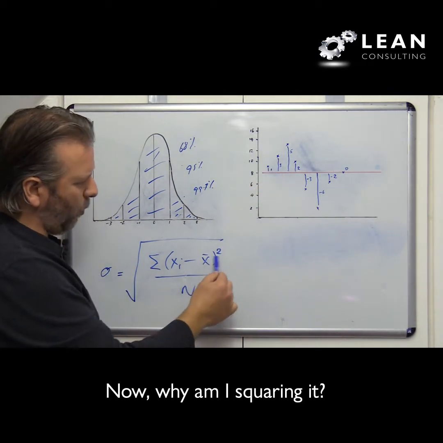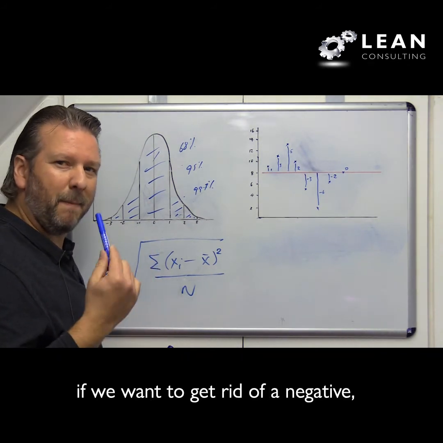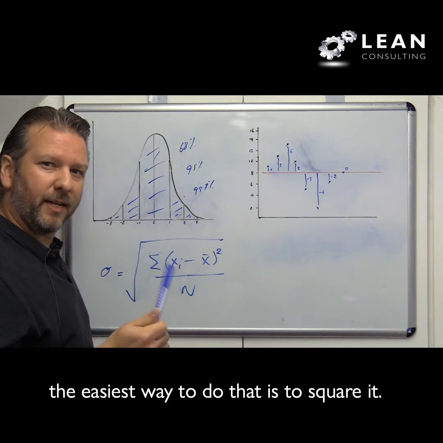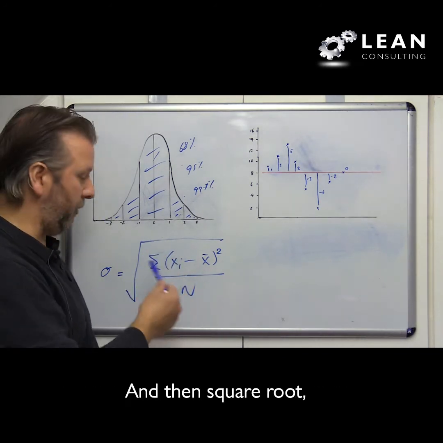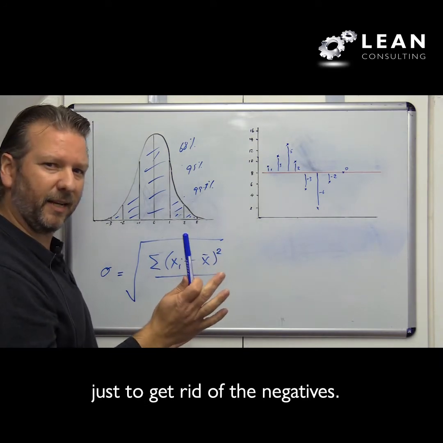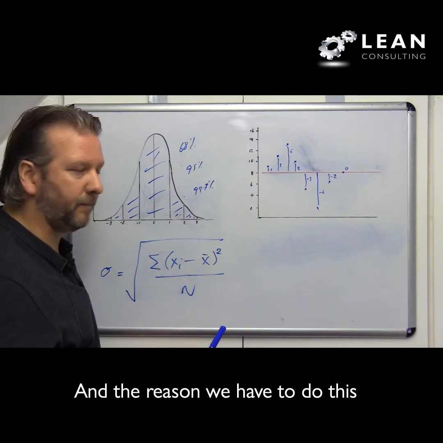Now, why am I squaring it? Well, that's just a really simple trick, actually. In maths, if we want to get rid of a negative, the easiest way to do that is to square it and then square root it, which is exactly what this formula is doing here. We're going to square it just to get rid of the negatives, and then we're going to square root it to bring our data back to the right number.